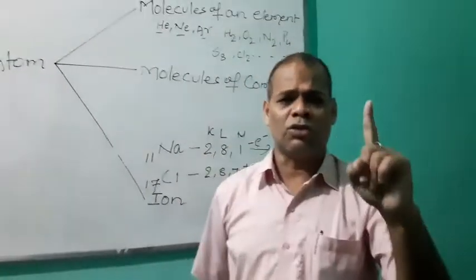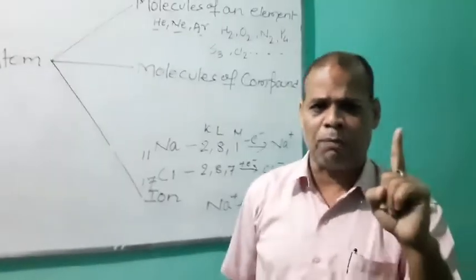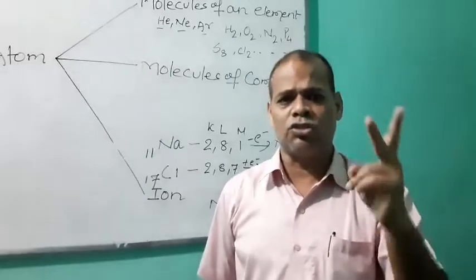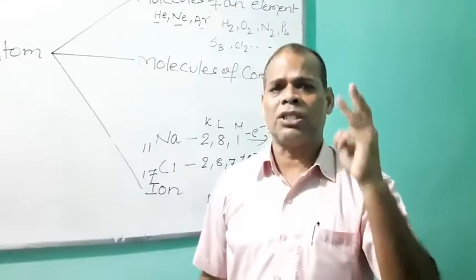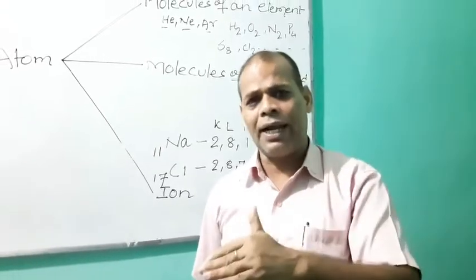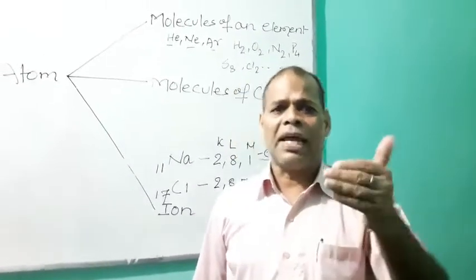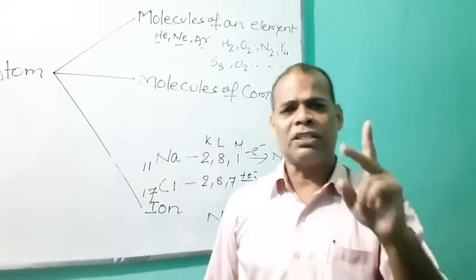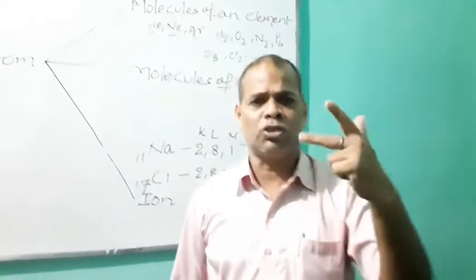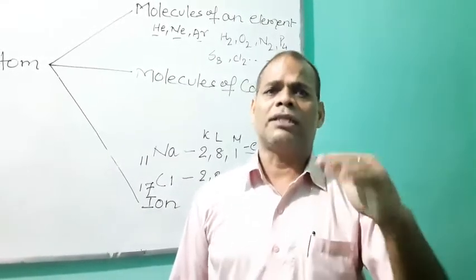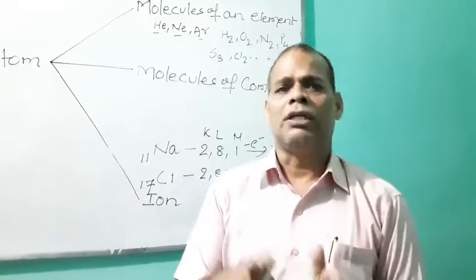If it loses 1 electron, it acquires 1 unit of positive charge. If it loses 2 electrons, it acquires 2 units of positive charge. If it loses 3 electrons, it acquires 3 units of positive charge. On the other hand, if an atom gains 1 electron, it acquires 1 unit of negative charge. If it gains 2 electrons, it acquires 2 units of negative charge. If it gains 3 electrons, it acquires 3 units of negative charge.